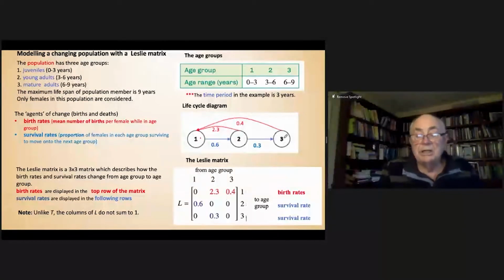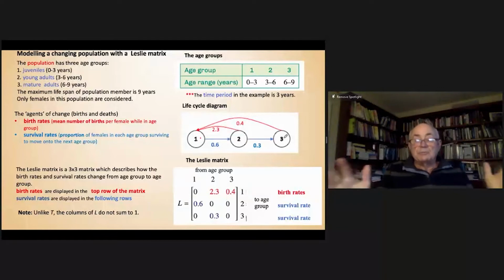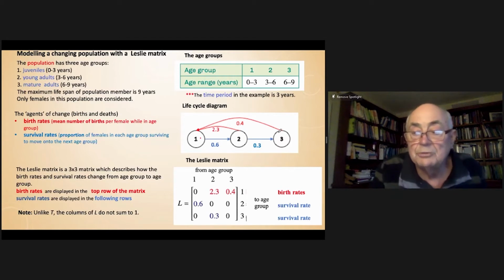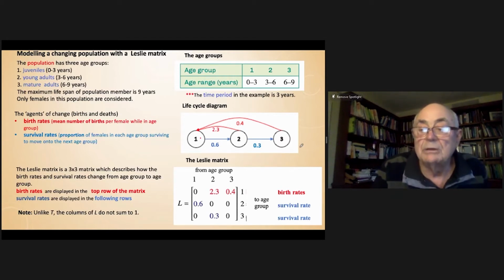And basically, you can have this information given to you, by the way, in a table, but I think looking at it from the transition diagram point of view is much more informative.